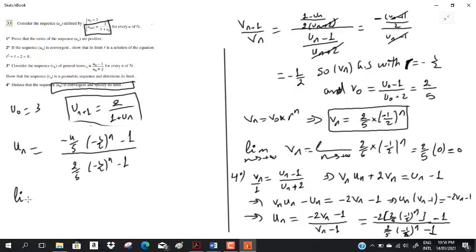To calculate its limit as n tends to plus infinity of Un, the limit of minus half power n is 0, so the numerator is minus 1, and in the denominator the limit of minus half power n is 0 times this number is 0, minus 1. Minus 1 over minus 1 is plus 1. Plus 1 is the same limit that we obtained when we used the other equation. And that's how we finish exercise number 33. A little bit complicated, hard calculation.